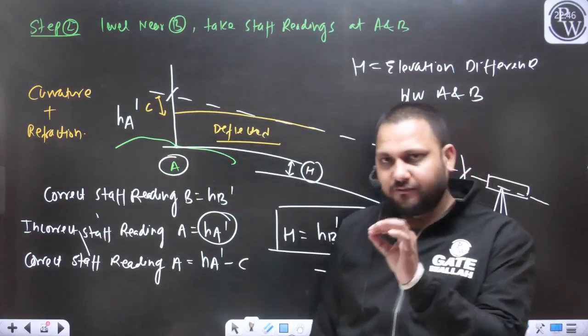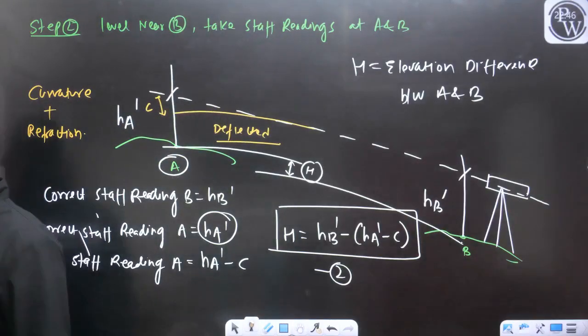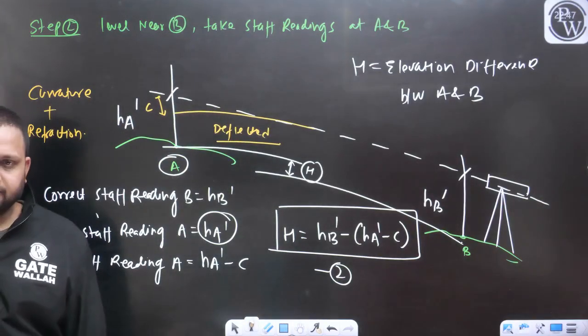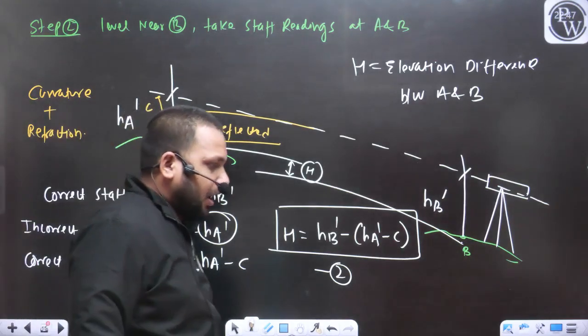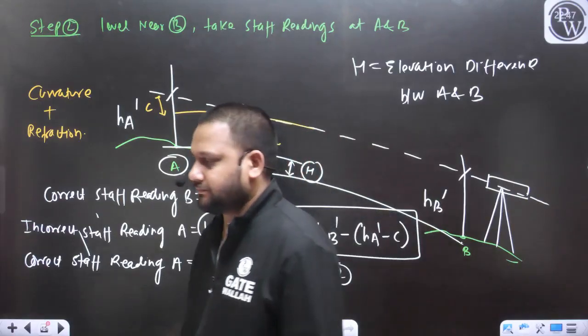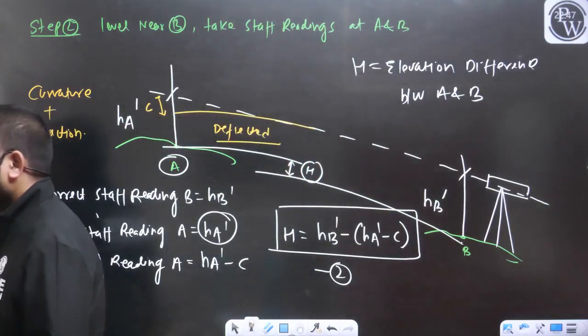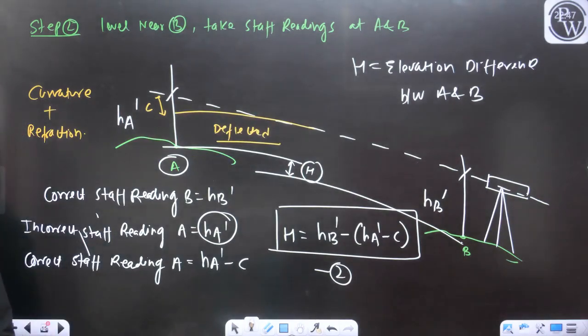If the RL of the point A is known to us, can you find out the RL of the point B? Tell me. Let us assume the RL of the point A is known to us. Now how we can find out the RL of the point B?